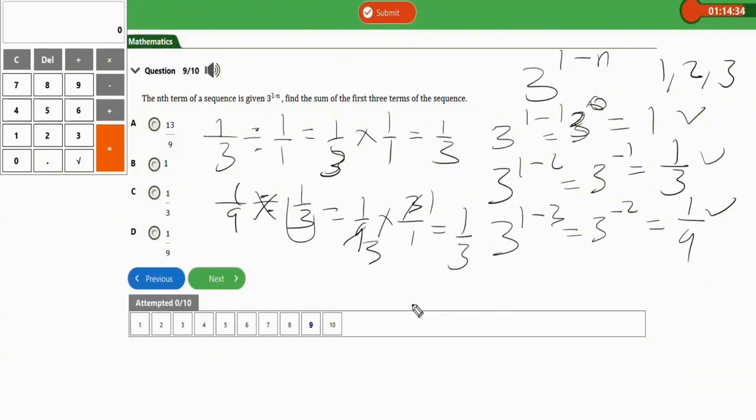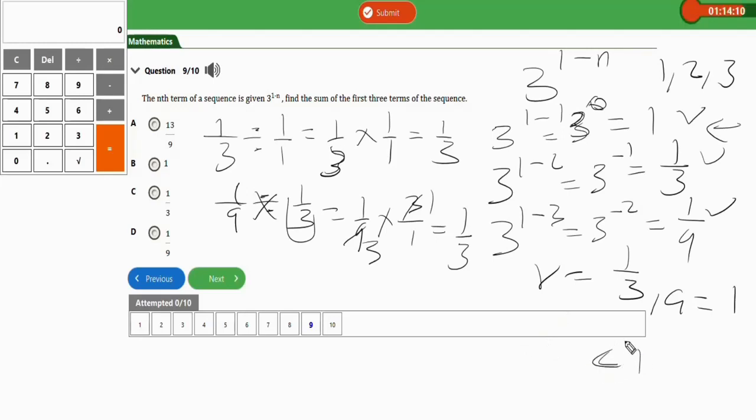So now let's find our R. Common ratio is 1 over 3, and our first term is 1. 1 over 3 is less than 1.